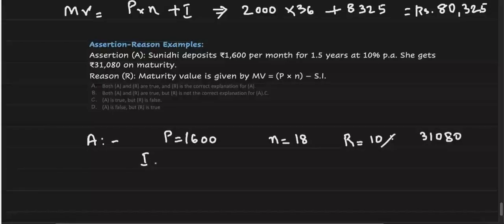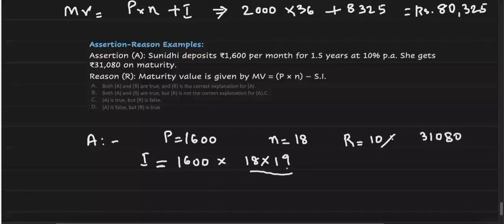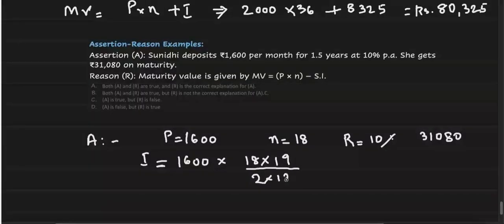Interest equal to P into N into N plus 1, 1600 multiplied by N into N plus 1 divided by 2 multiplied by 12 multiplied by rate, 10 divided by 100. So if I do all these calculations, what I'll get?